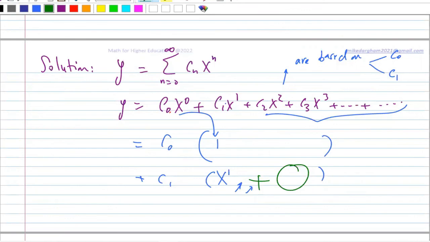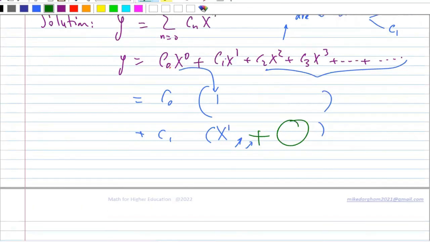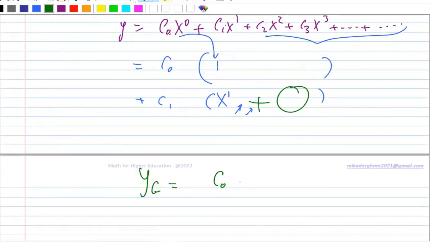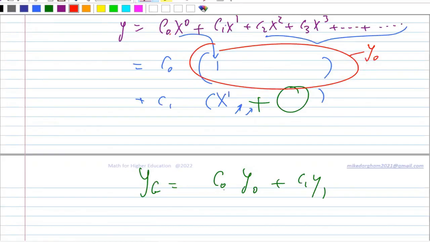By the way, there's a question that comes in the exam where you want to get what is called the general solution. The general solution is based on 2 solutions: C0 y0 and C1 y1. You may ask me, where's y0? All of this here is called y0, and all that is in the C1 part is called y1.